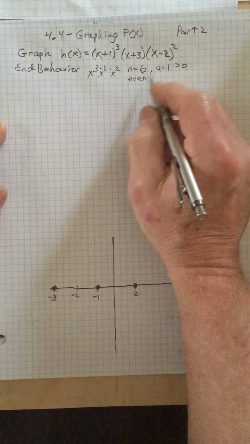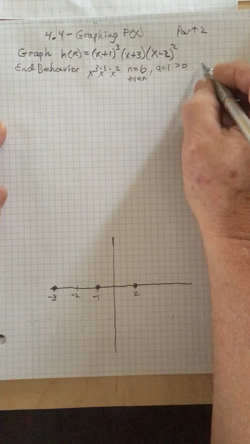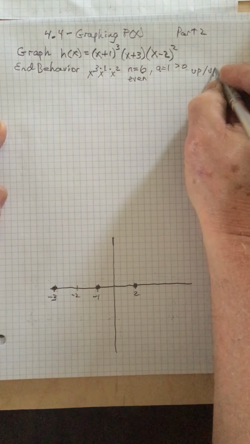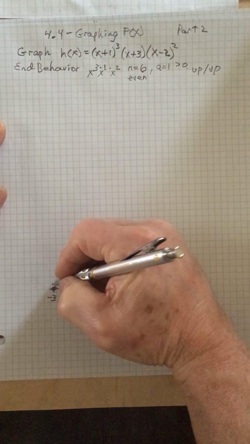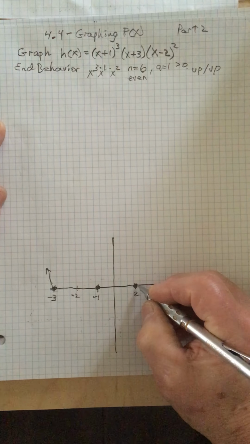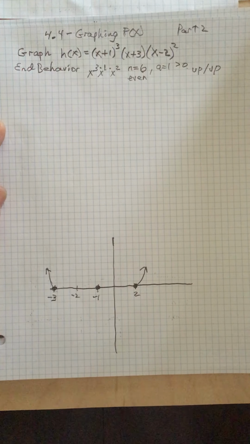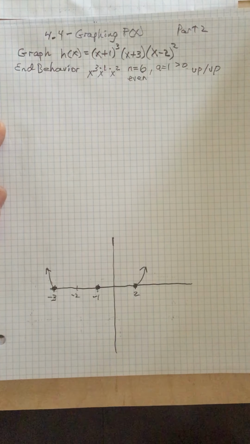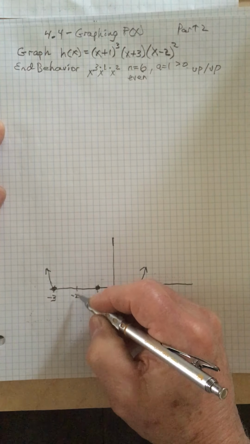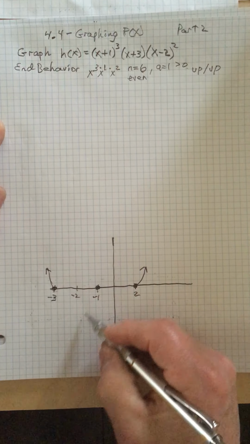When n is even and a is positive, the end behavior is up, up. So we know we're going up here, and we're going to be going up here. So we got that much already. That means we're going to be going down here, and we're going to have to turn around and come back up to get to this root.